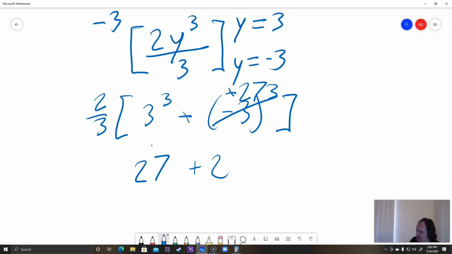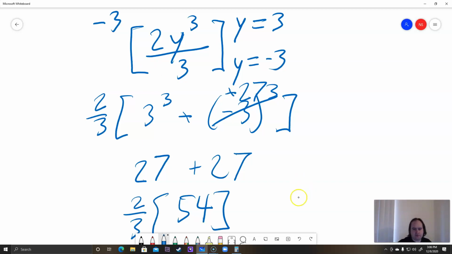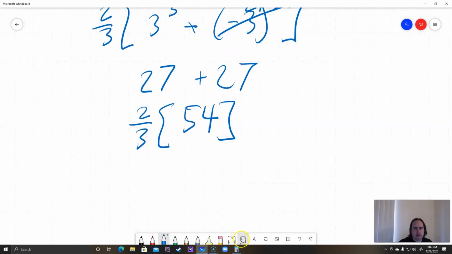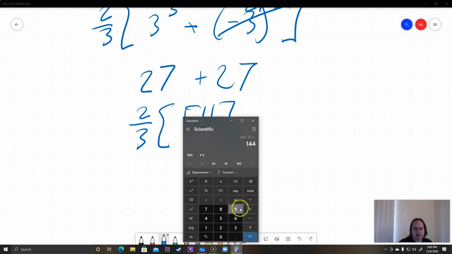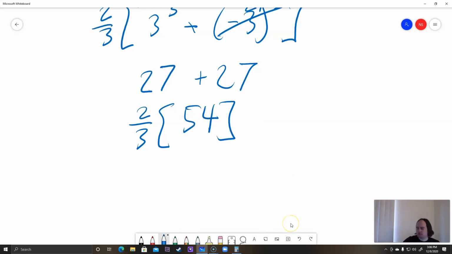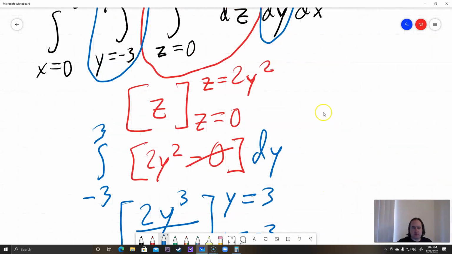So we actually have 27 plus 27, which is 54. Okay, so we have 2/3 times 54. Okay, and then because I'm lazy, I'm just going to do it on a calculator. If I do 2/3 times 54, that gives me 36. Okay, so this simplifies to 36. And that finishes our middle integral.